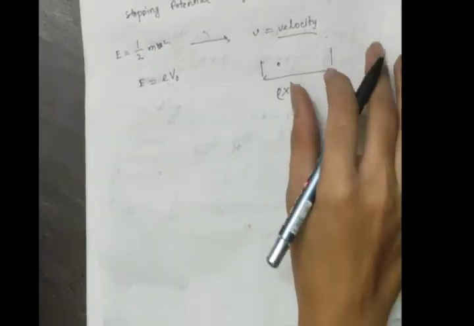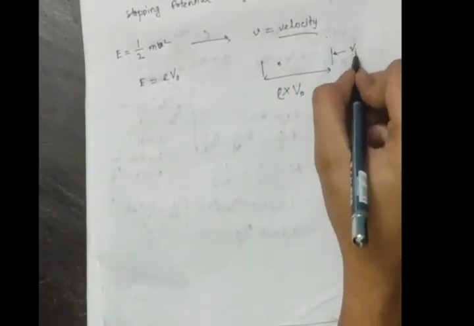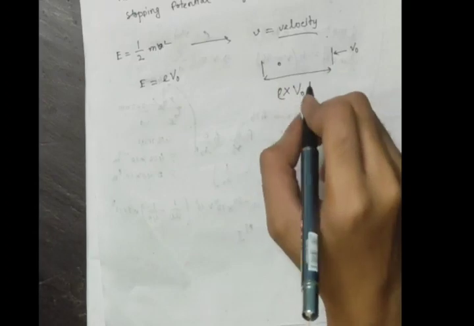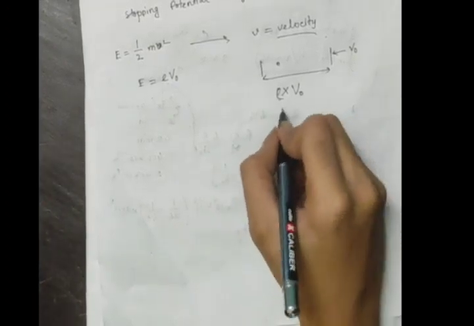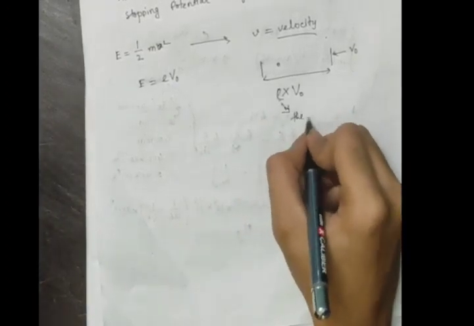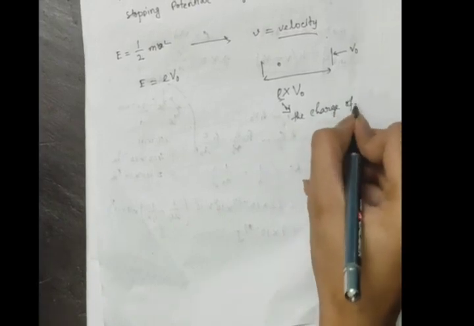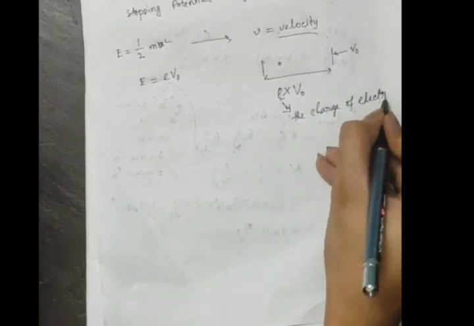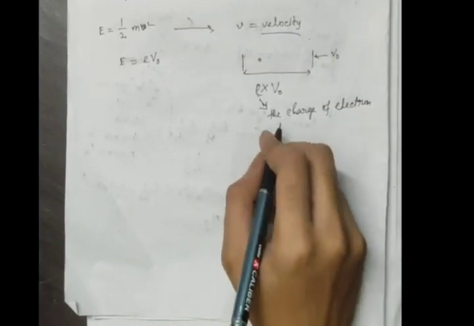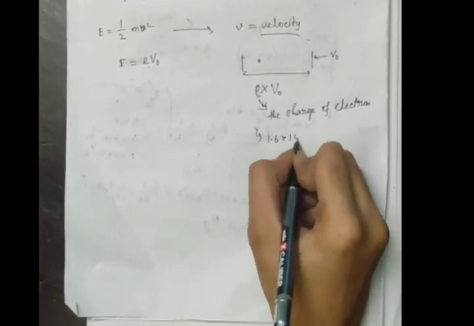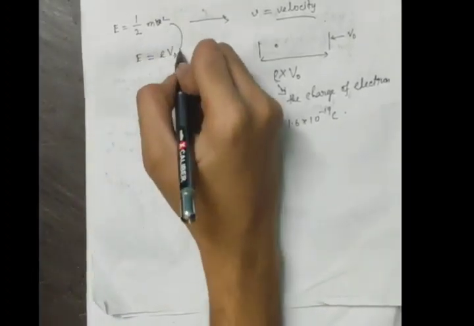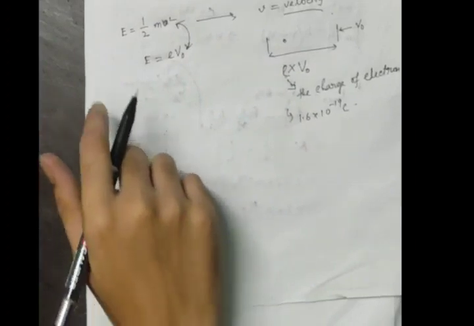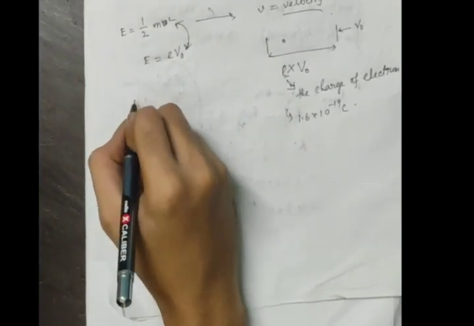In case of stopping potential, the potential is V naught, and since we are dealing with the photoelectric effect where only the electron is emitted, the charge is the charge of the electron, which is 1.6 into 10 to the power minus 19 coulomb in SI.